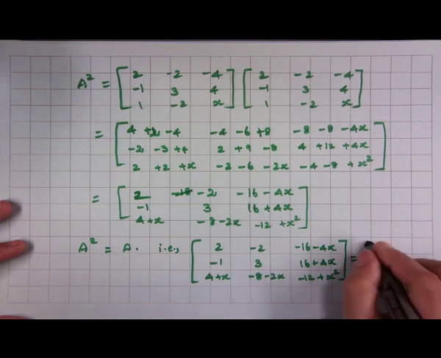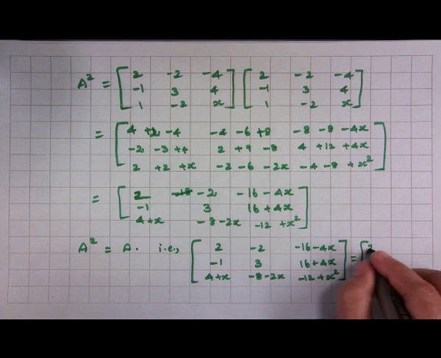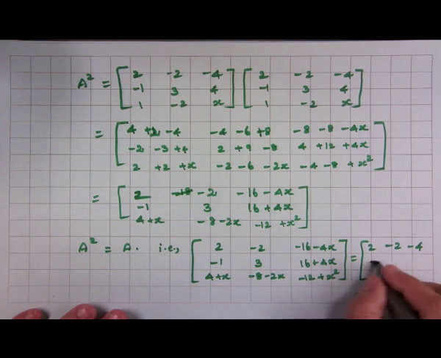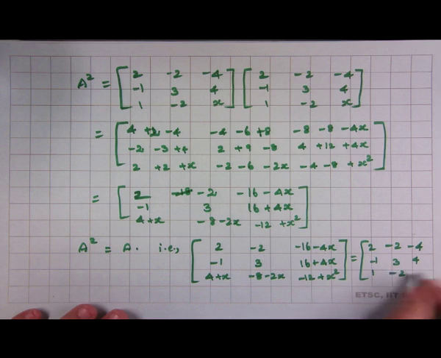They should be equal to 2 minus 2 minus 4, minus 1 3 4, 1 minus 2 x.